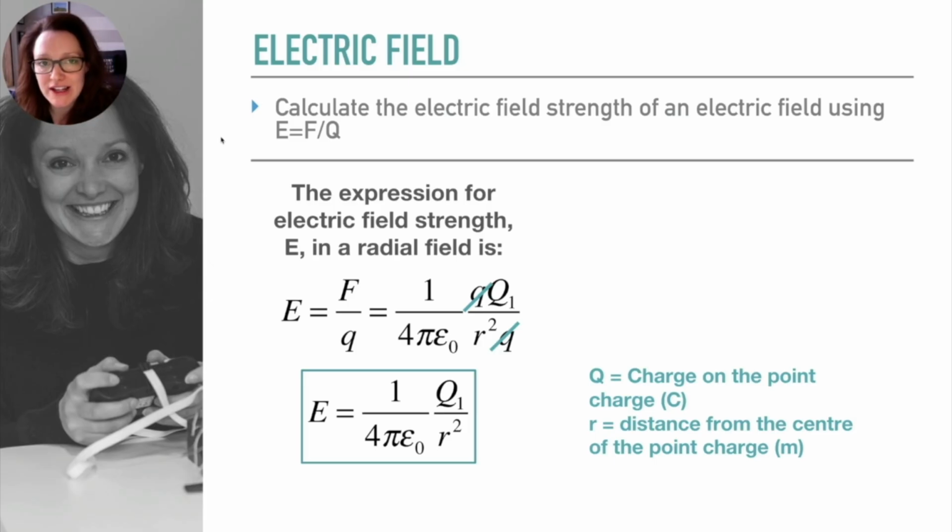If you'll remember correctly, Coulomb's law said F is equal to 1 over 4 pi epsilon naught Q1 Q2 over r squared. And we want to divide that by Q because E equals F over Q. So I've done some, what I feel to be very simple algebra below to show you what an expression for the electric field strength of a radial field would be.